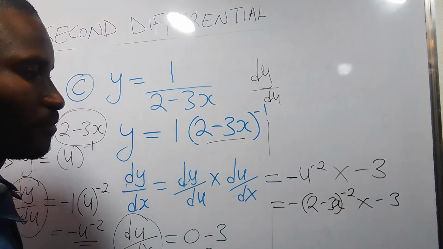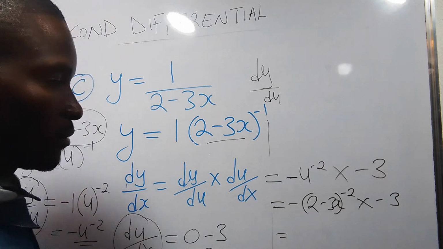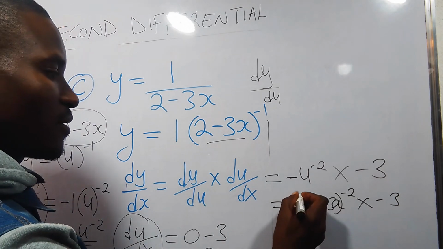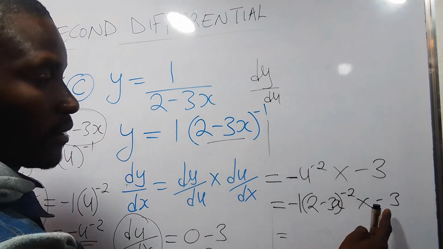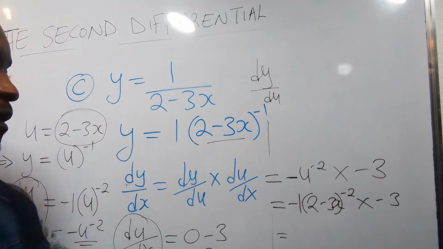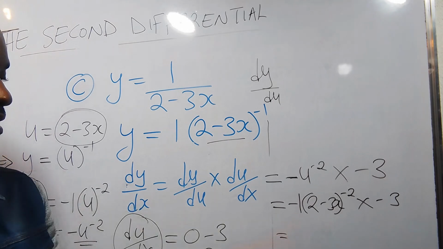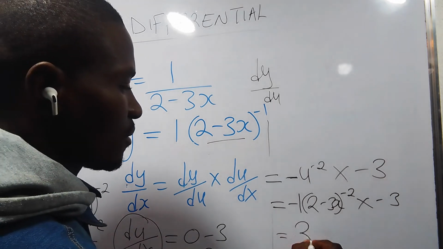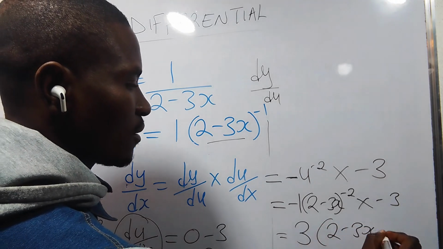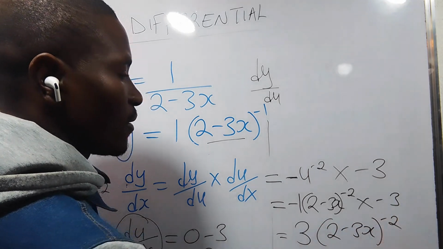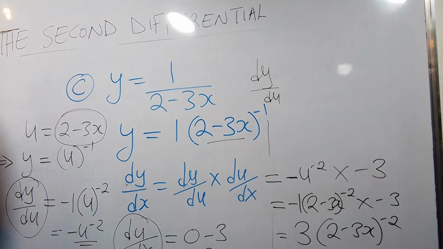From there we can say this negative 3 and negative 1 will give us just 3, then open brackets 2 minus 3x to the power negative 2.